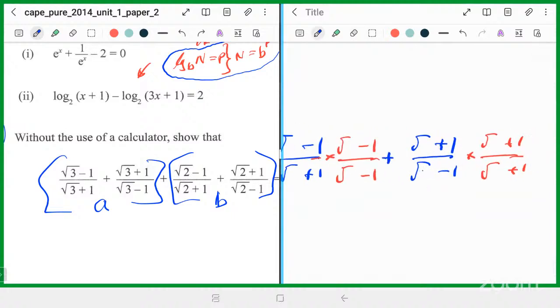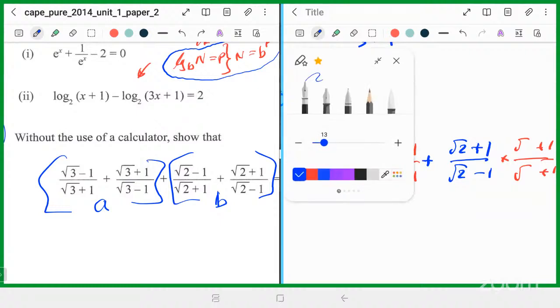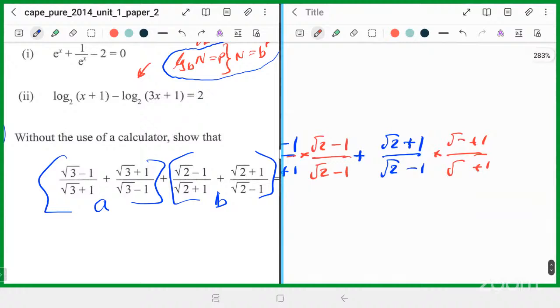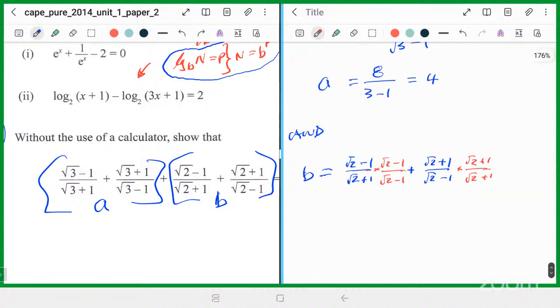We'll do the ones first. But understand that? Basically doing the same thing, but it's just that we are root 2 now. Very good? Yes, sir.